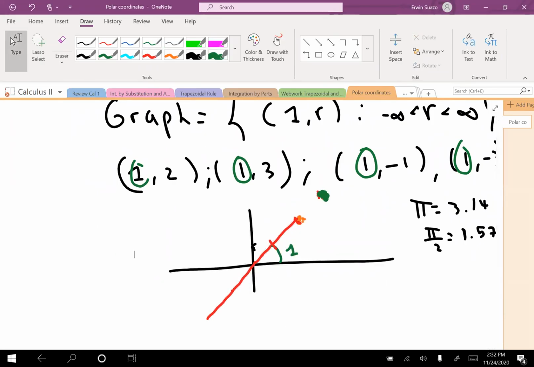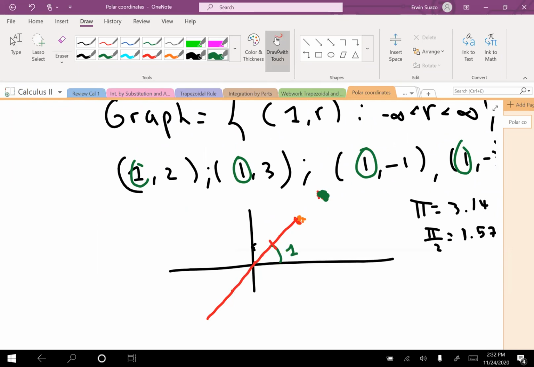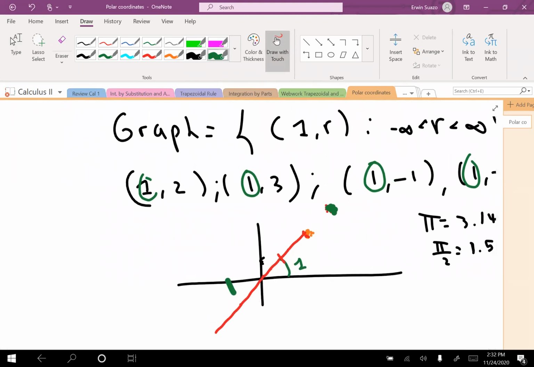That's 1, minus 1. So let me put it here. This is 1, minus 1.